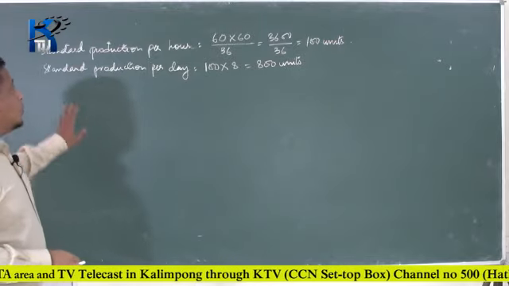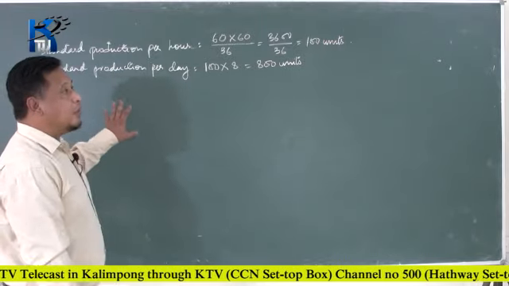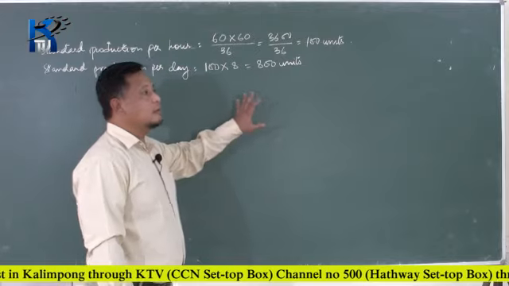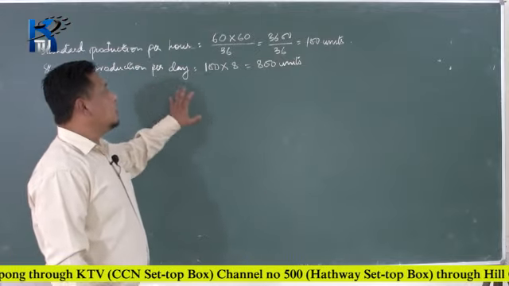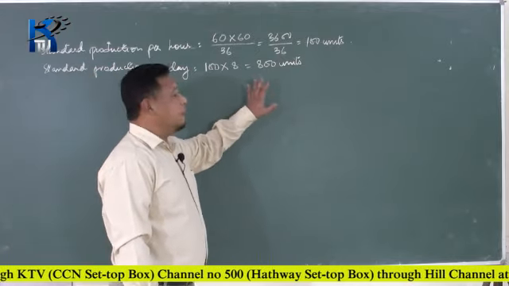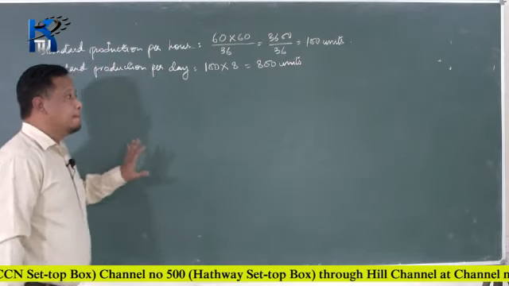That means the standard production for a day fixed by the concern is 800 units. That means every worker should produce a minimum of 800 units per day.